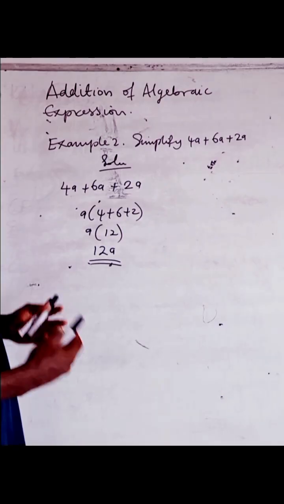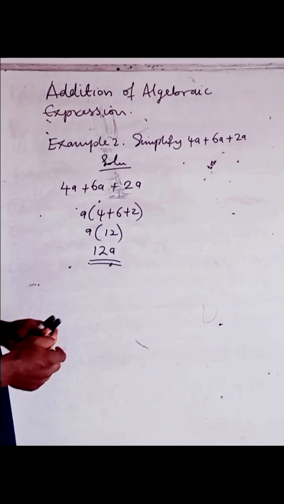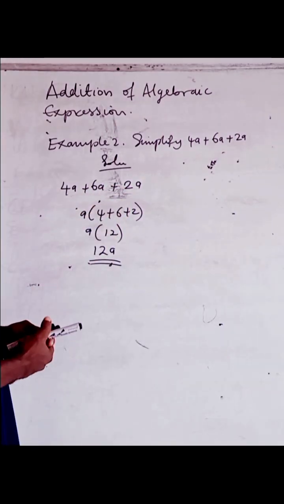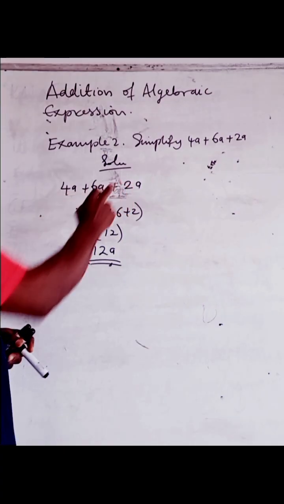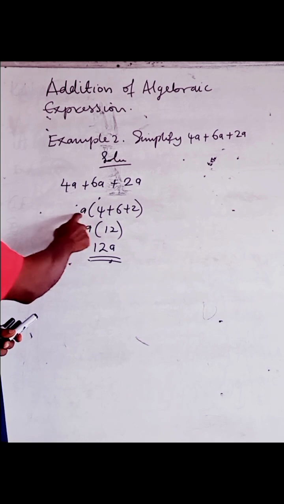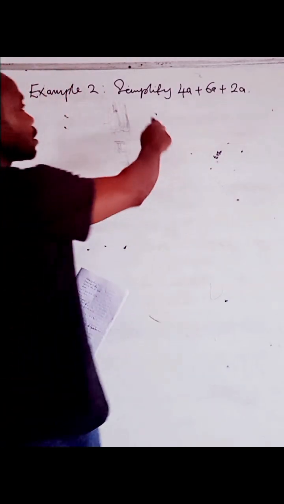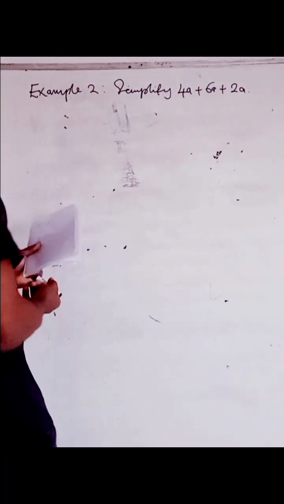So what we did is that we added the coefficients, or we summed up the coefficients. And then because the variable is common, we represented the variable with the letter a.